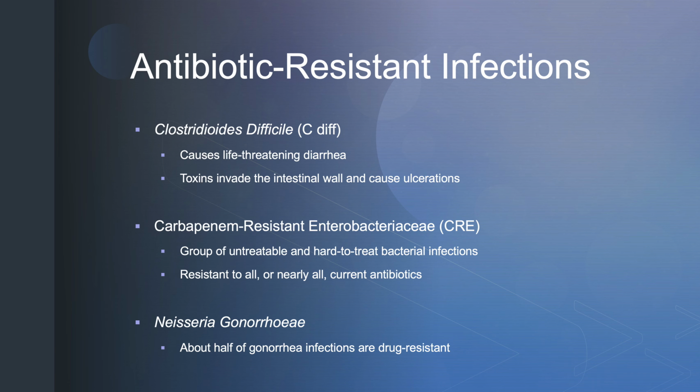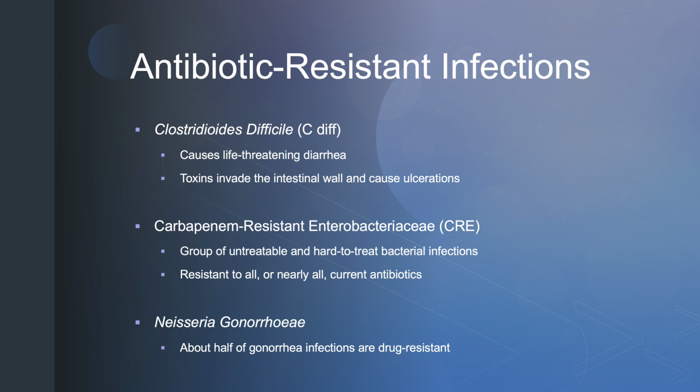Some resistant infections to highlight. One is C. diff, which causes just life-threatening diarrhea. We've got this bacterium, and these toxins invade our patient's intestinal wall, causing ulcerations, runaway diarrhea. Needs to be treated pretty aggressively.